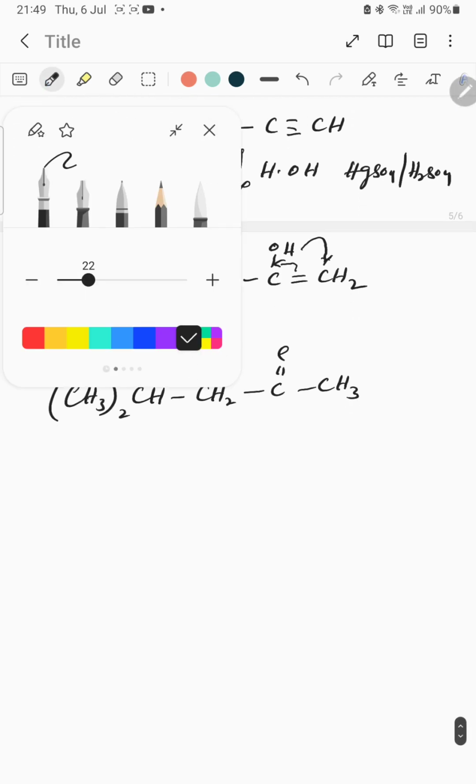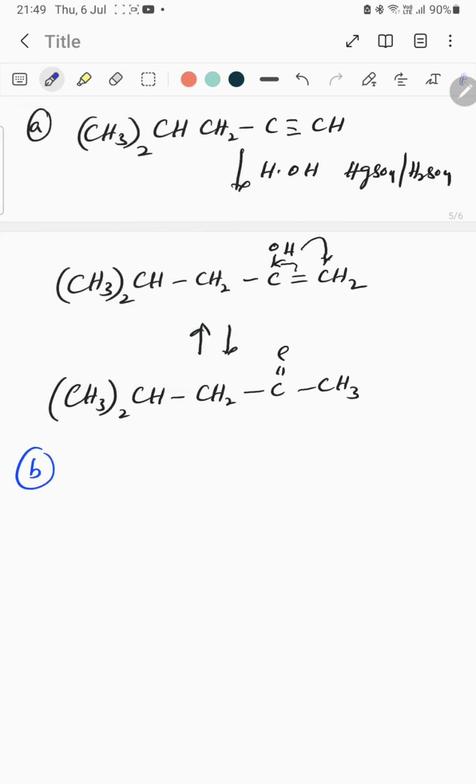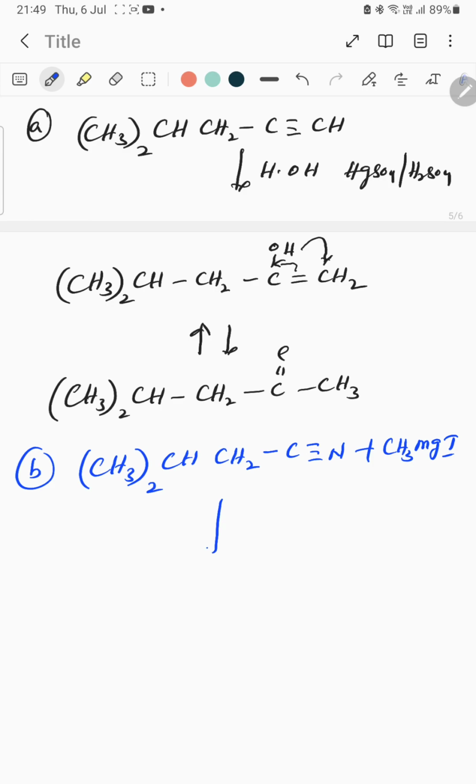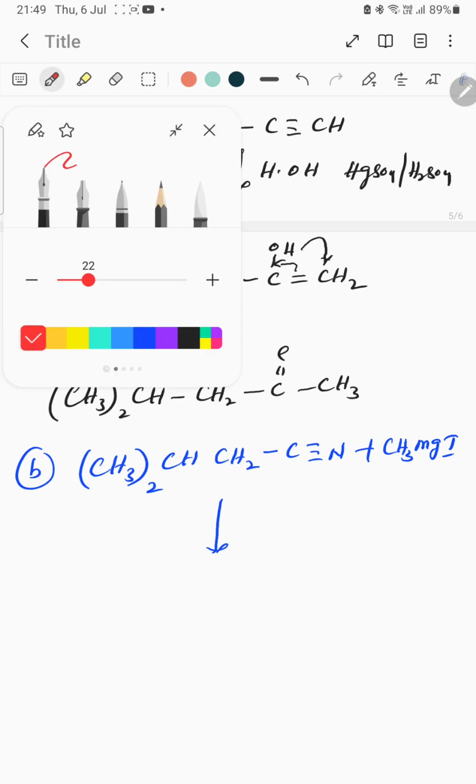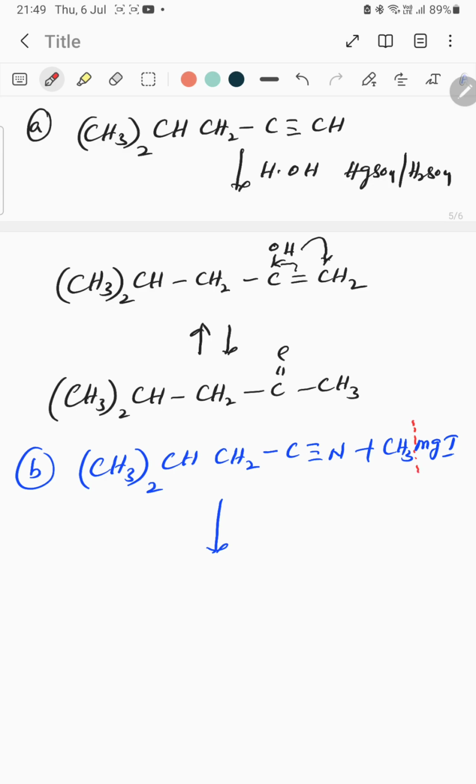Then go to option B. What is option B? He gives one cyanide, CH3 taken twice, CH, CH2, C triple bond N reacts with methyl magnesium iodide, CH3MgI. Methyl magnesium iodide is split, CH3 gets minus, Mg gets plus. Why does CH3 get minus? Magnesium is a second group element.